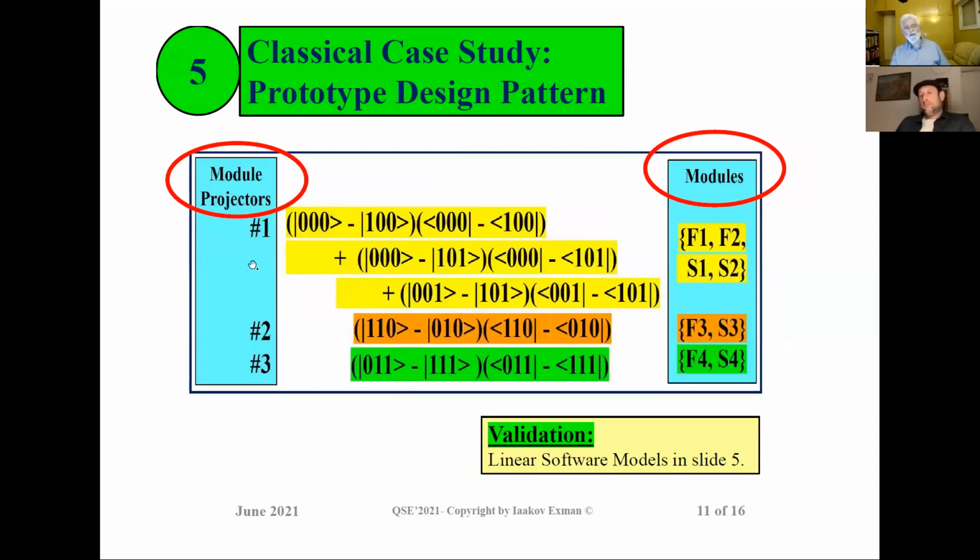The projectors can be obtained from the respective kets and bras. And here one can see immediately that the projectors upon the yellow color and the orange color and in the green column are disjoint.